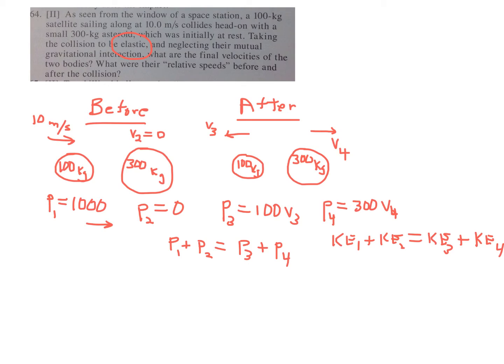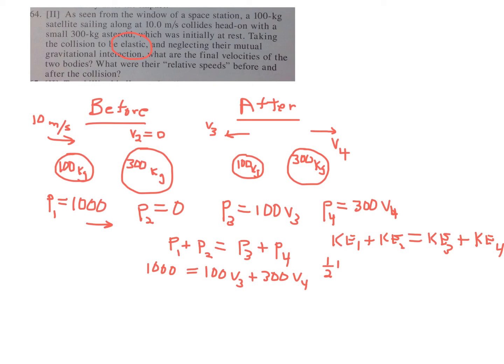So bottom line is we have, if we look at this left-hand side here, 1,000 equals 100 V sub 3 plus 300 V sub 4. And then the kinetic energies, which I didn't spell out yet, which would be 1/2 mass 100 times 10 squared.